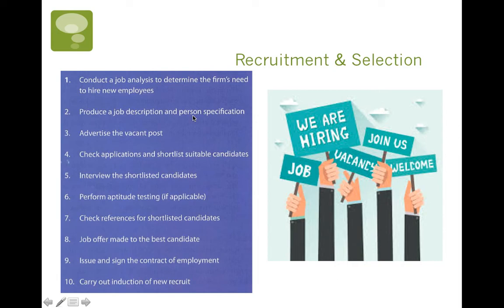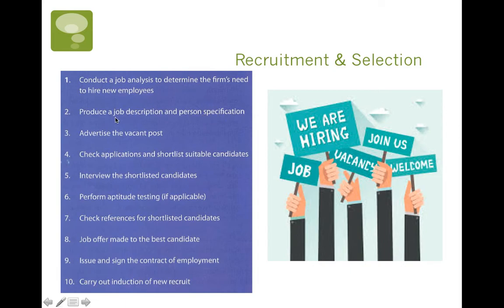And you have a different document called the person specification. Sometimes you see it called the job specification, but the person specification should outline the qualities, the qualifications, and the characteristics that the right candidate will have.